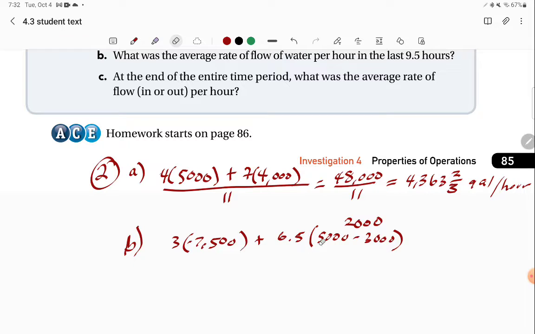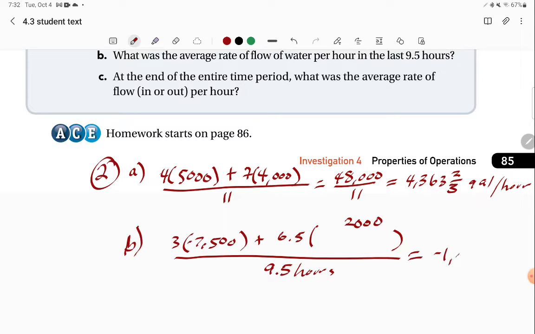So we could write it like this. Just put that 2,000 in there, and then that is over 9.5 hours. Okay, and then we calculate, that's negative 1,000 gallons per hour for that last 9.5 hours.